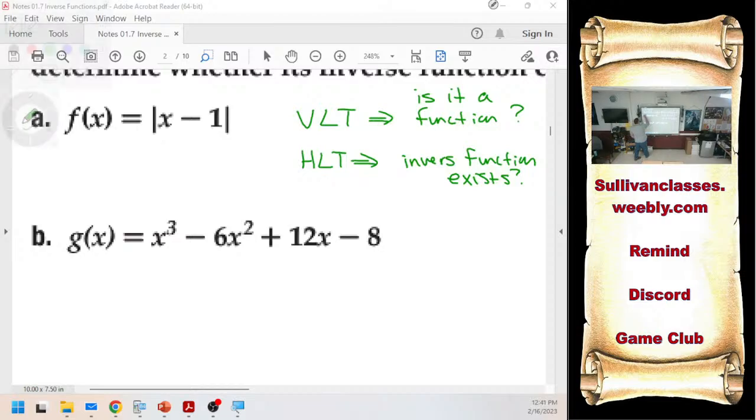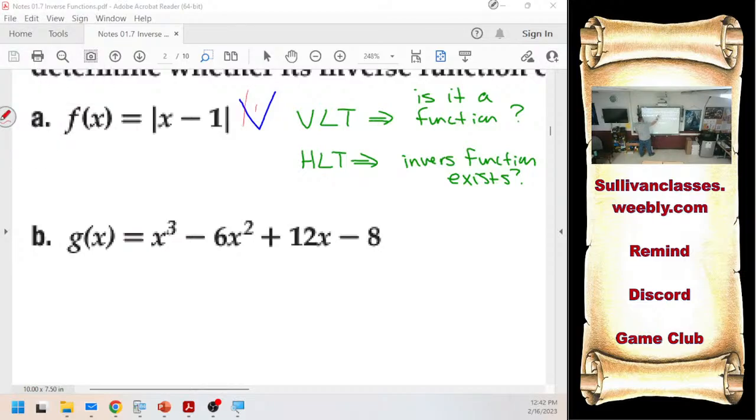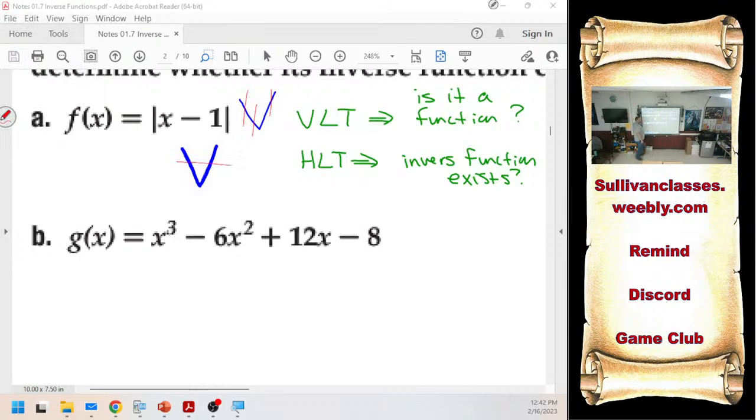So that'd be like, this is a function. It's going to pass a vertical line test. This is a function. The horizontal line test is asking, will the inverse be a function?